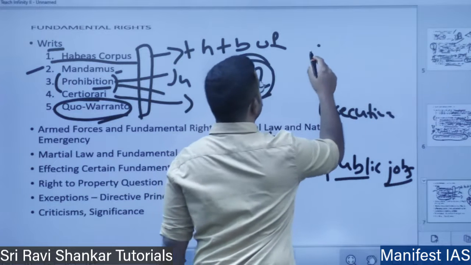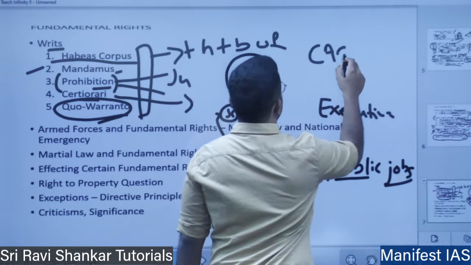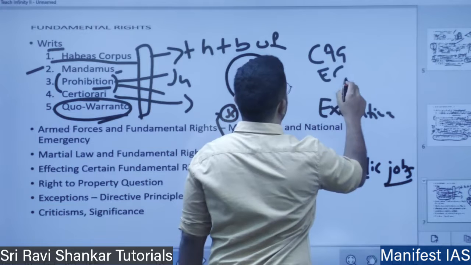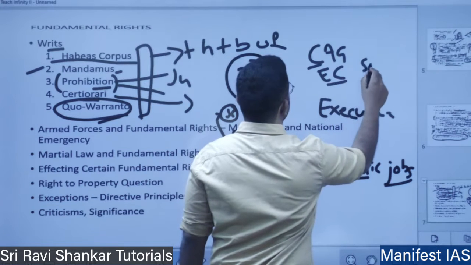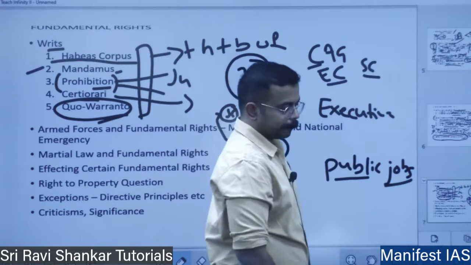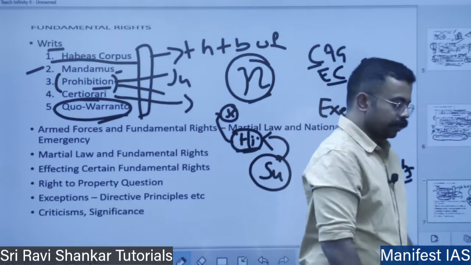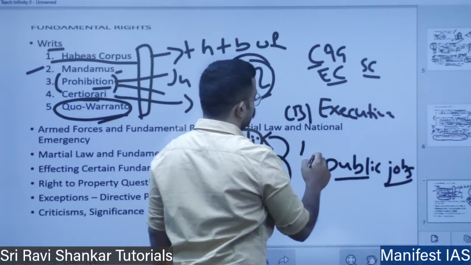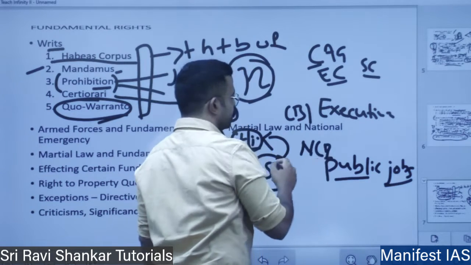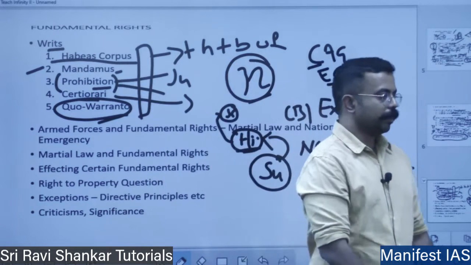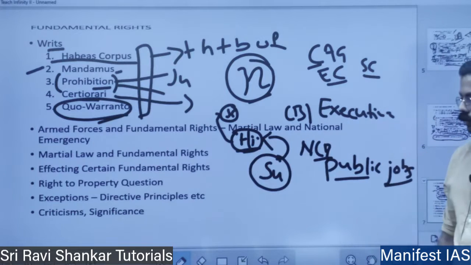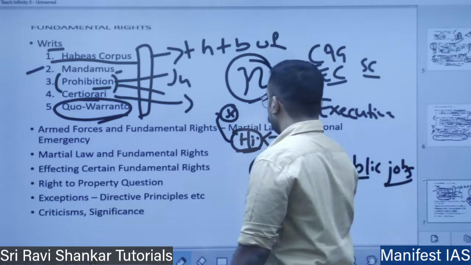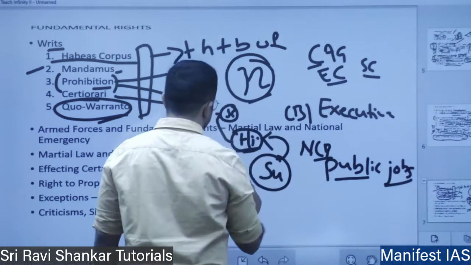For example, CAG is a public office, Election Commission is a public office, Supreme Court is a public office, and your CBI is a public office, Narcotics Control Bureau head is a public office. Likewise, there are so many public offices. Even the CM, Chief Minister, is a public office.